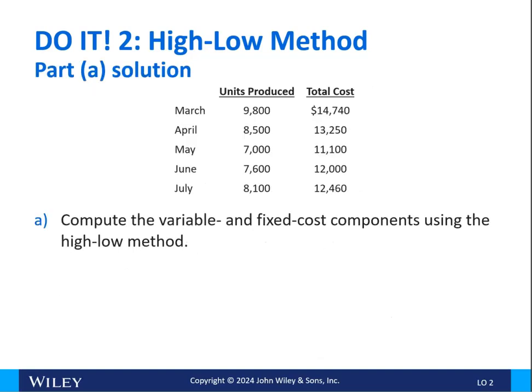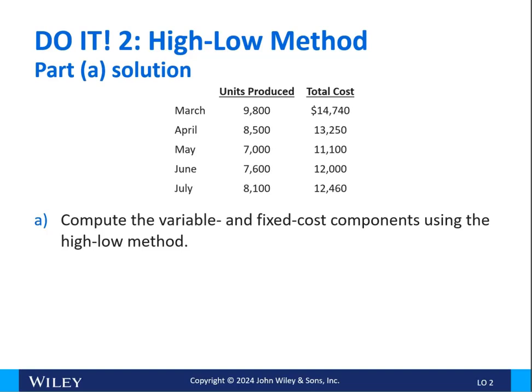So to compute the variable and fixed cost components using the high-low method, we have to find the high month and the low month. So we look at the data here. March, 9,800 units produced, $14,740 is the total cost. That's the high. May, 7,000 units produced, $11,100 of total cost.